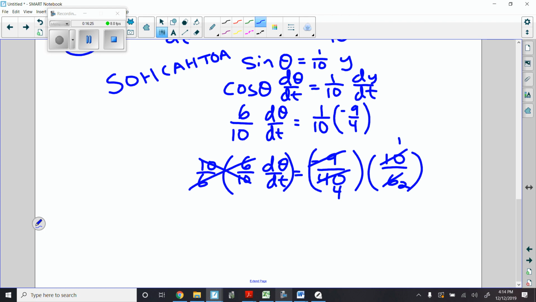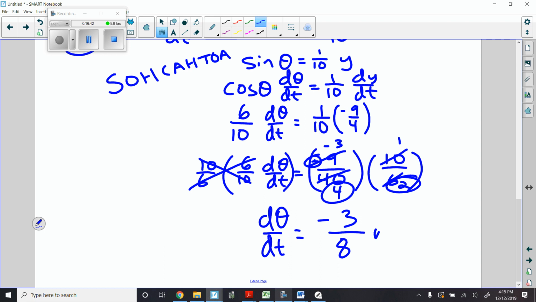Negative 9 divided by 3 is negative 3. Don't lose track of this negative right here when you do that. And we get d theta dt to equal negative 3 times 1 is negative 3 over 4 times 2 is 8 radians per second. And we're done.